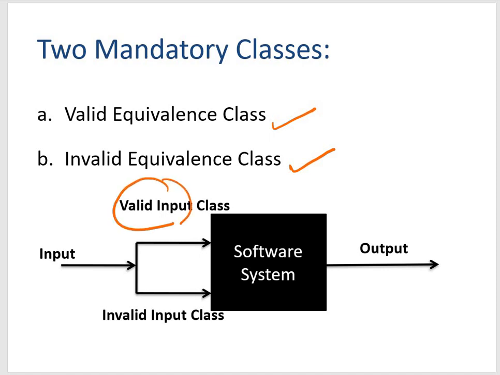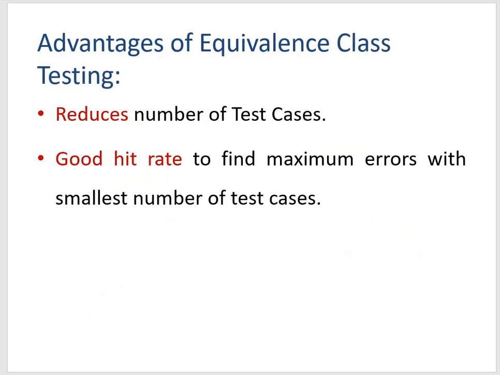And in equivalence class partitioning, we have 2 mandatory classes. One is the valid equivalence class, another one is the invalid equivalence class. The valid equivalence class gives me valid inputs from this particular class, and the invalid equivalence class gives invalid inputs, and then we judge the output whether it is correct or we are getting some error messages.